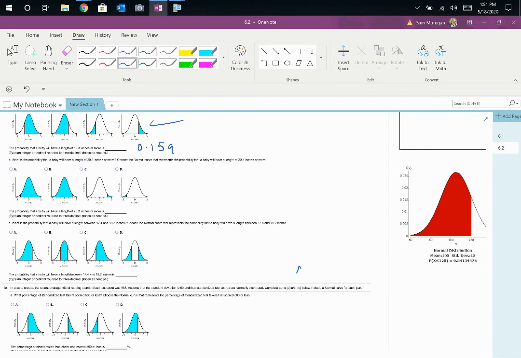Probability 20.3 or more for the next part of the question. It's again 20.3 or more. So I would go with this curve right here to the right of 2 standard deviations, 20.3 or more.